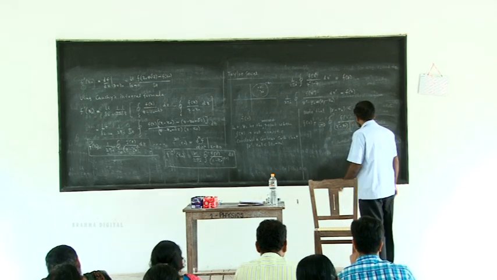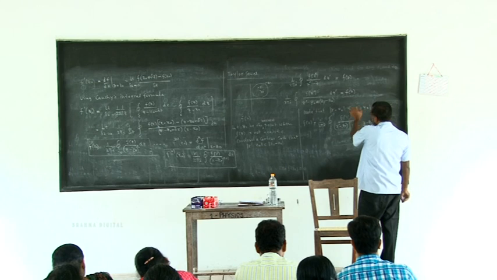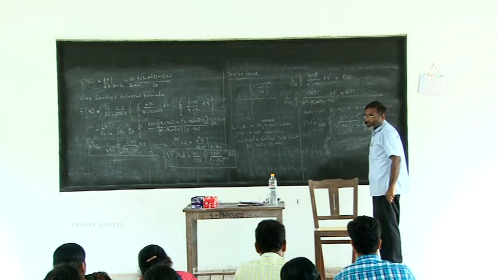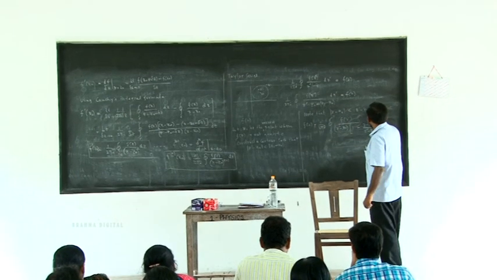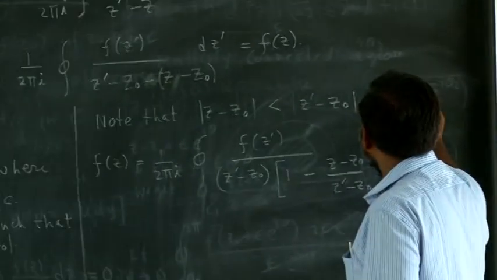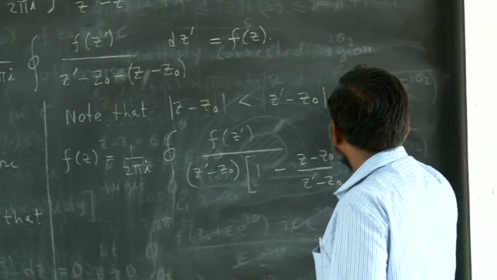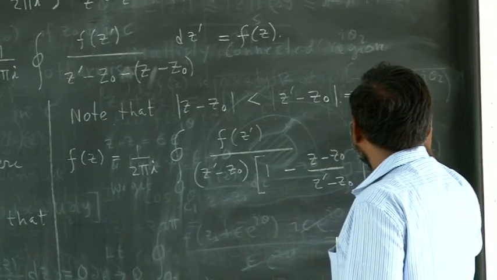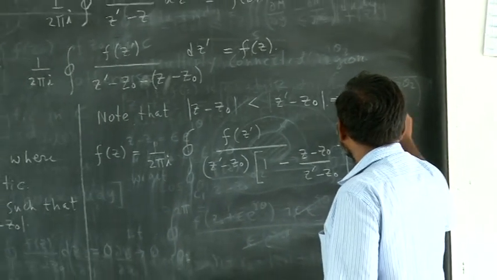Now you can see here, since this is less than this, this divided by this will be less than 1. Correct? This implies modulus of z minus z naught divided by modulus of z prime minus z naught is less than 1.